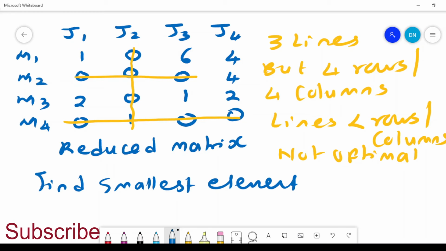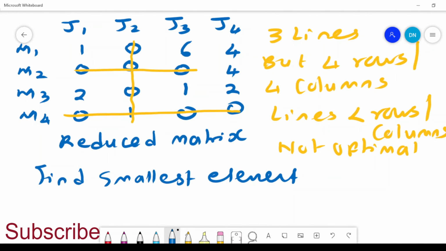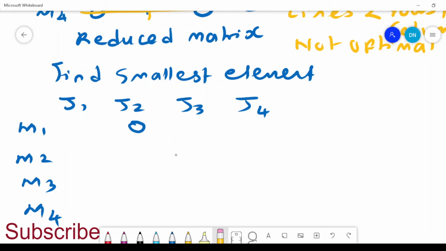So that's what we want to do. And then we are going to subtract the value from the elements that have not been crossed over by the lines. So we start off by putting down the values that are covered by a line. So we put down all the values that are covered by a line.